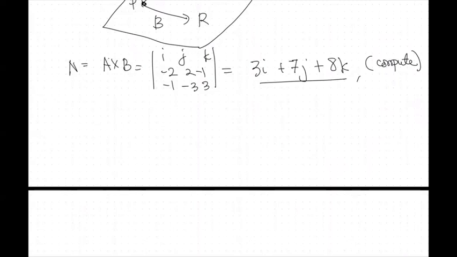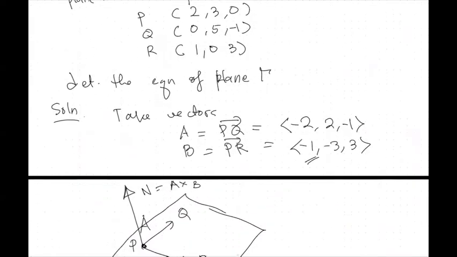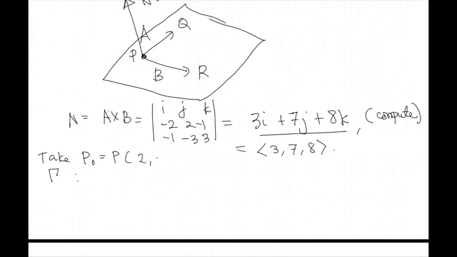And now transform this to this form. And then the equation of lambda is given by, take our first point P, point P, 2, 3, 0. Actually, you can choose any other point.